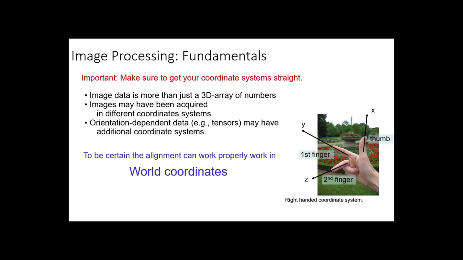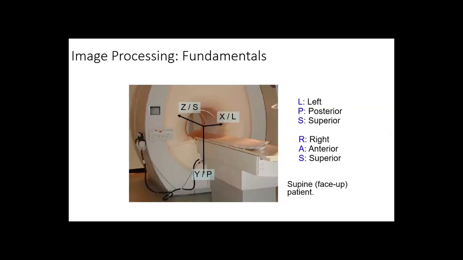Let's go to the next slide. Suppose you are doing the MR. When you're doing MR, you're just facing up. So if I'm doing this way, this is my left, this is my right, and this is my top. This is the bottom.